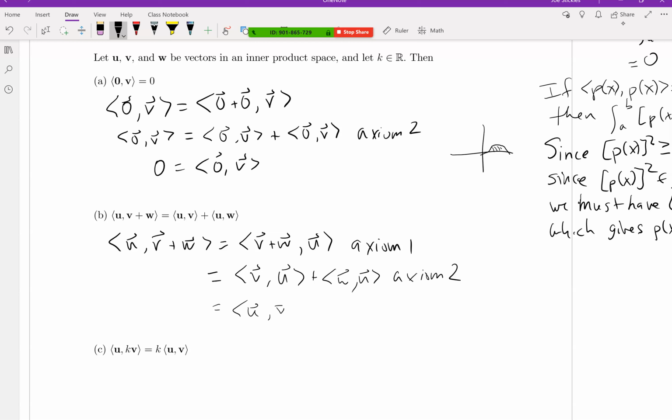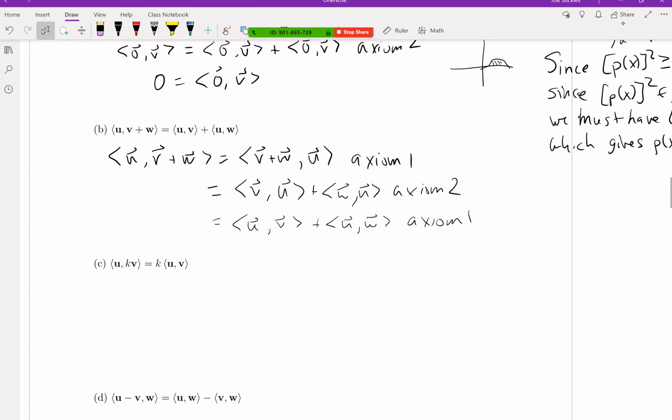And then rearrange by axiom 1 again. Any questions about either of those two proofs? Hearing none, I'll go on.